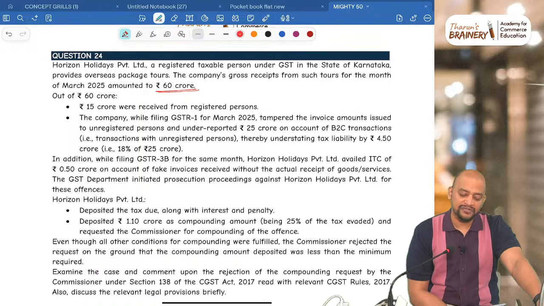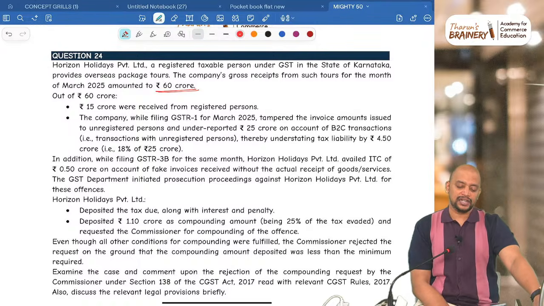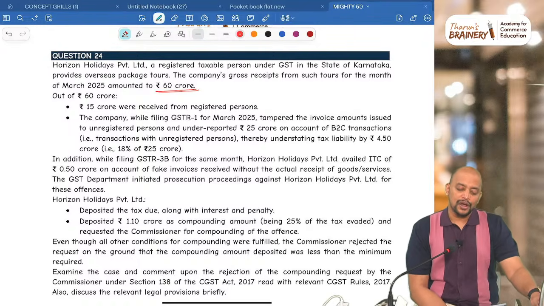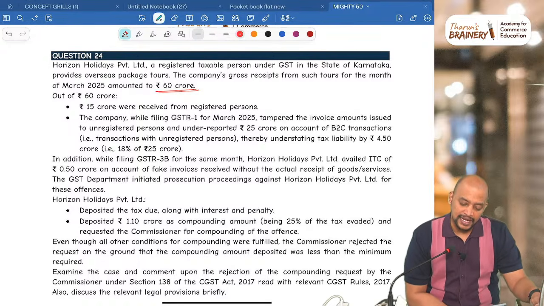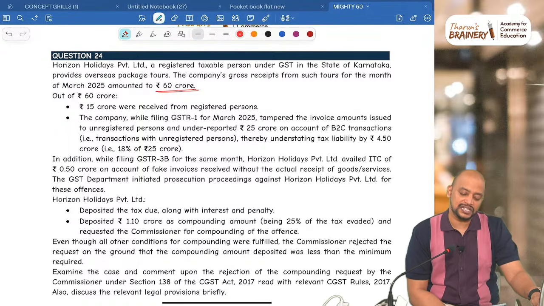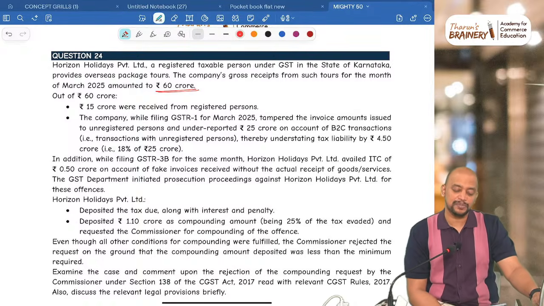The company, while filing GSTR-1 for March 25, tampered the invoice amounts issued to unregistered persons and underreported 25 crore on account of B2C transactions, that is transactions with unregistered persons, thereby understating the liability by 4.5 crores, that is 18% of 25 crores.